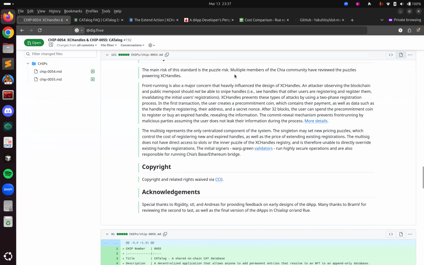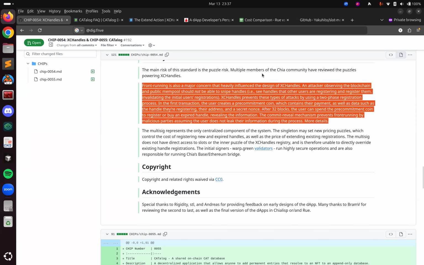The latest puzzles are currently going through another security review, and once that is complete, I will write that on the CHIP thread. I spoke about registration front running, so leaking of that information that you are interested in a handle.